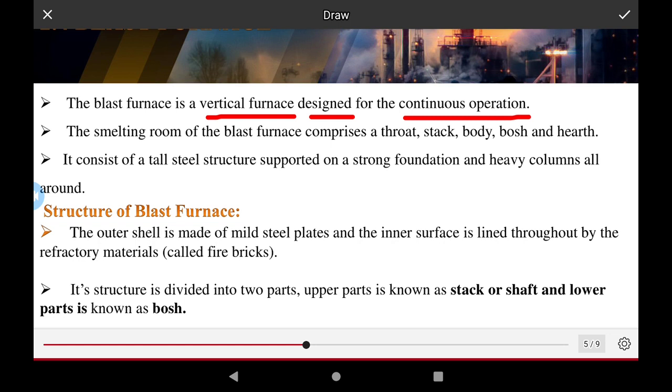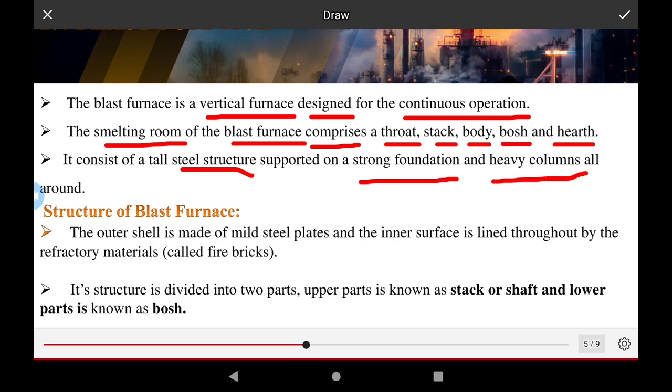The melting room of the blast furnace comprises throat, stock, body, boss, and hearth. It consists of a tall steel structure supported on a strong foundation and heavy columns.